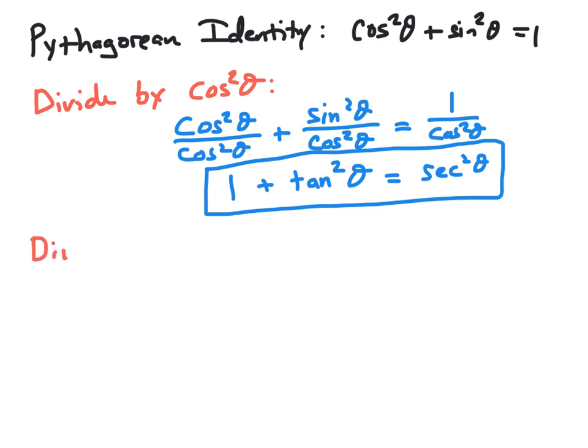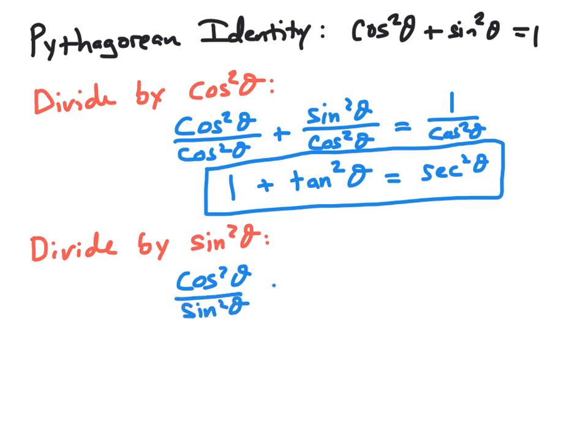We can get another Pythagorean identity by starting with the original and dividing both sides by sine squared of theta instead of cosine squared of theta. If we do this, we end up with cosine squared theta divided by sine squared theta plus sine squared theta divided by sine squared theta, and that will equal 1 over the sine squared of theta.